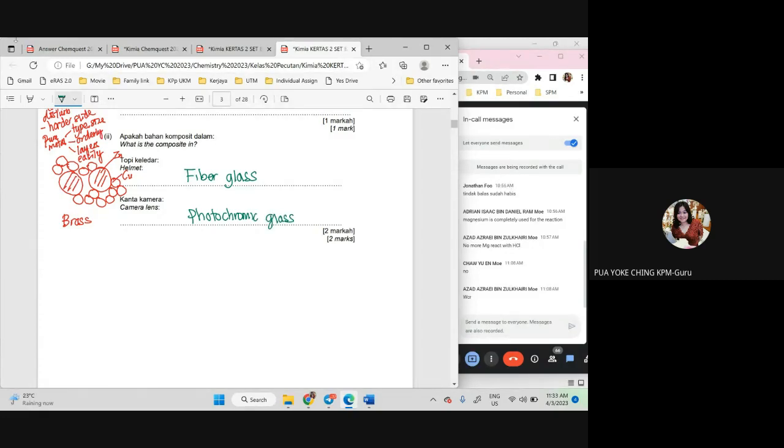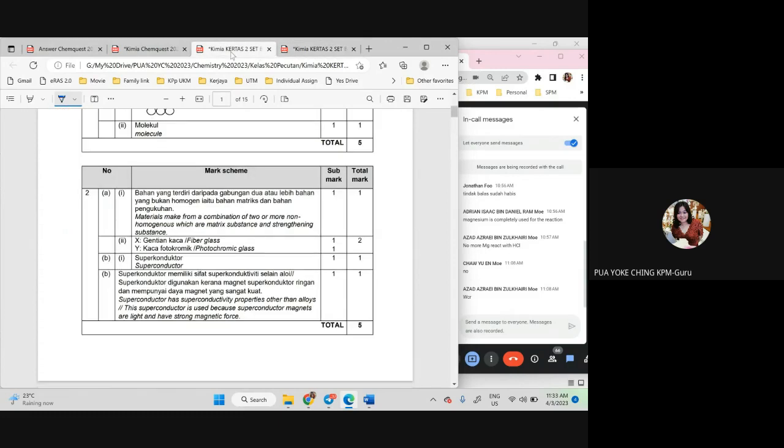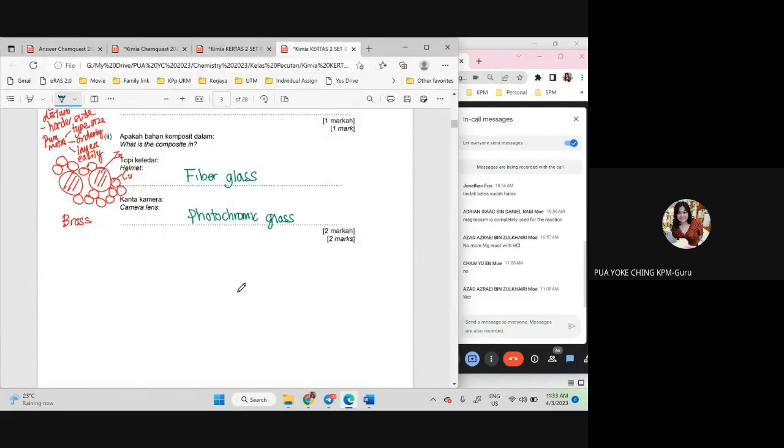Betul ke tak saya ni? Okay, you must remember fiberglass is a plastic that is very strong and durable. Sangat kuat dan sangat tahan lasak. Okay, that's why fiberglass boleh jadi topi keledar.